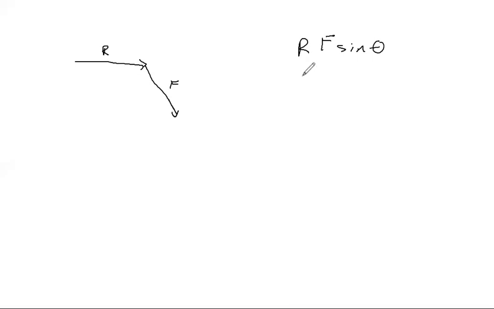There are a couple of ways you can think of this. In fact, let me redraw this so we don't get worried with angles bigger or less than. We're going to work with angles less than 90 degrees, but the formula I write down works more generally.